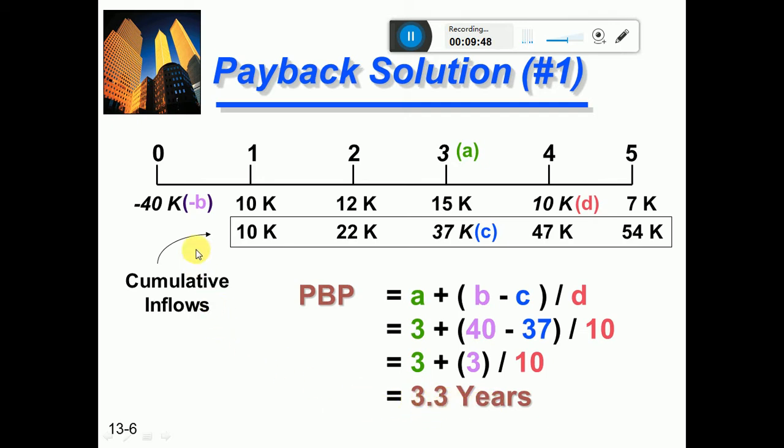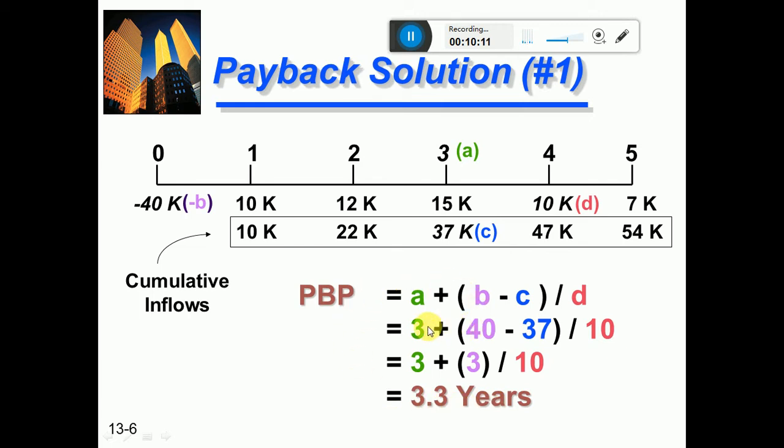It means that if this company makes an investment of $40,000, the initial outflow is given back to the company in 3.3 years. How is this 3.3 years computed?